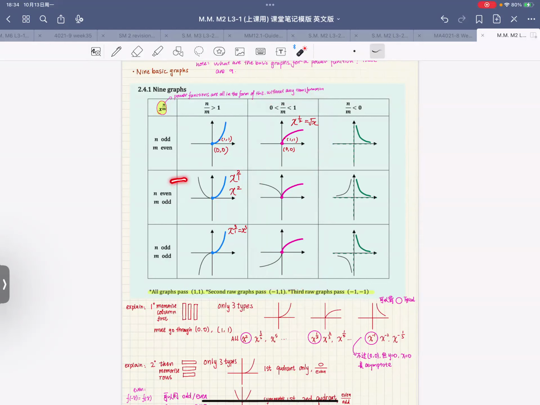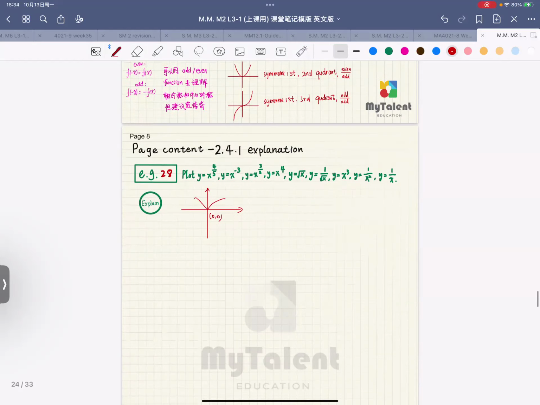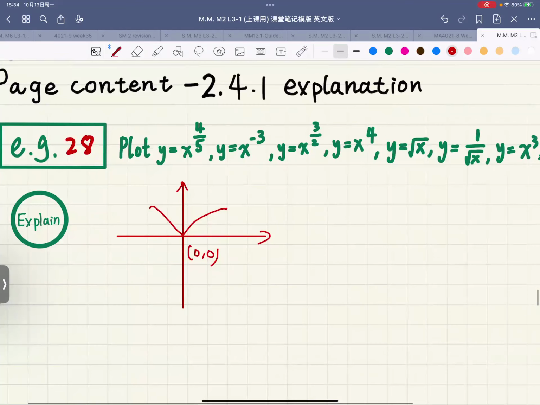And 4 is even, 5 is odd. So the graph will look like this. And this point is 0, 0. Oh, it's not a good graph.